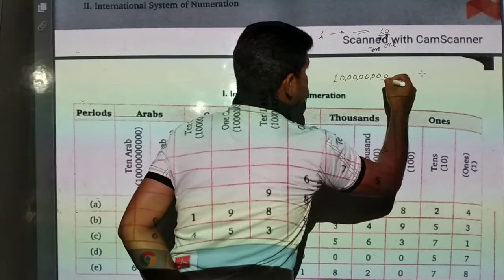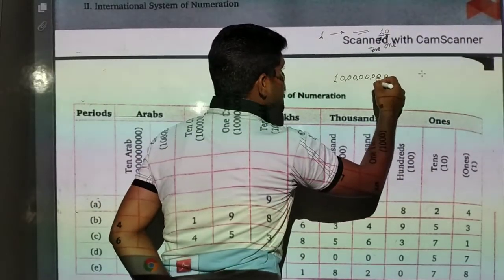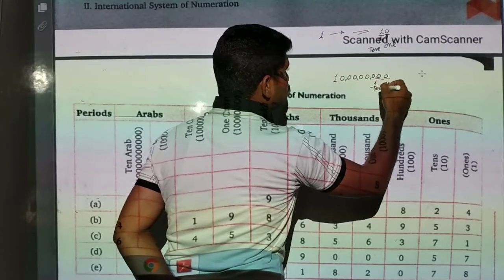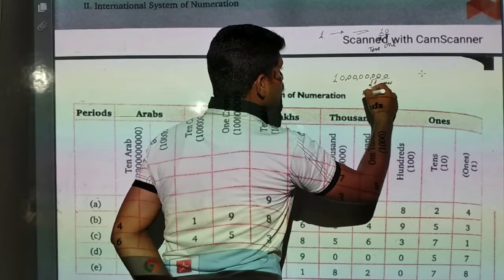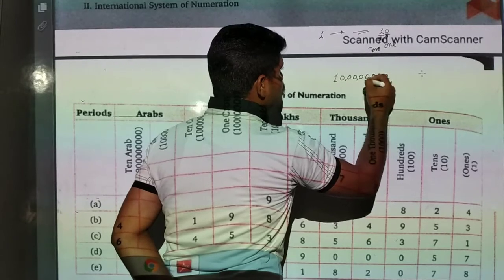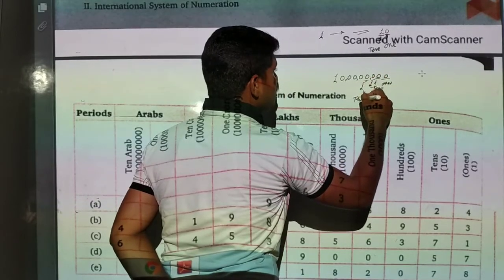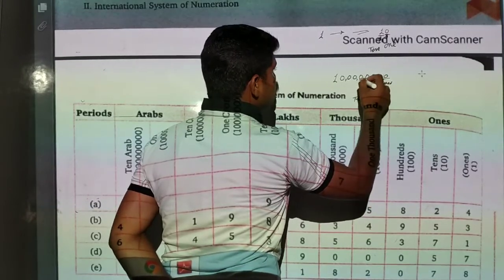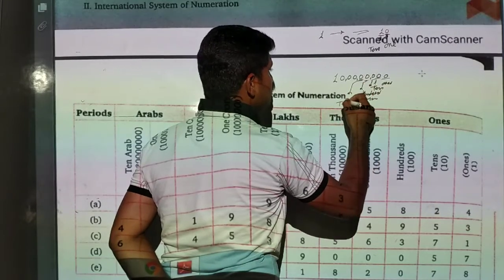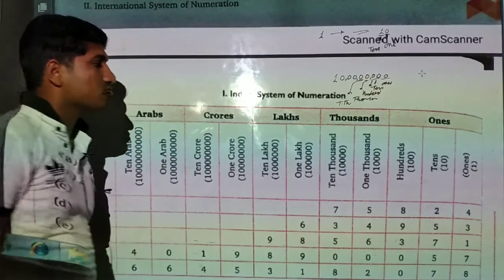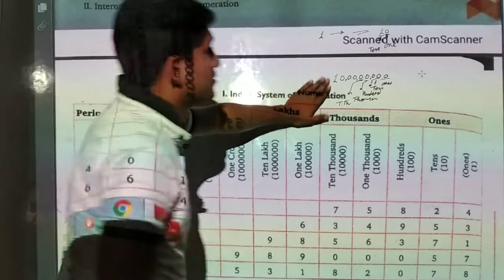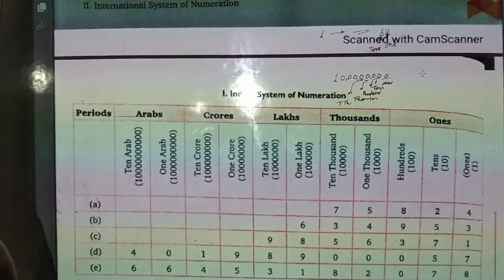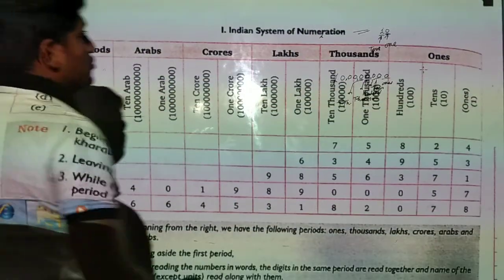This is the 1st place, this is the 10th place, this is the 100th place, this is the 1000th place, this is the 10,000th place. So I will give the names of these places in the Indian system of numeration.